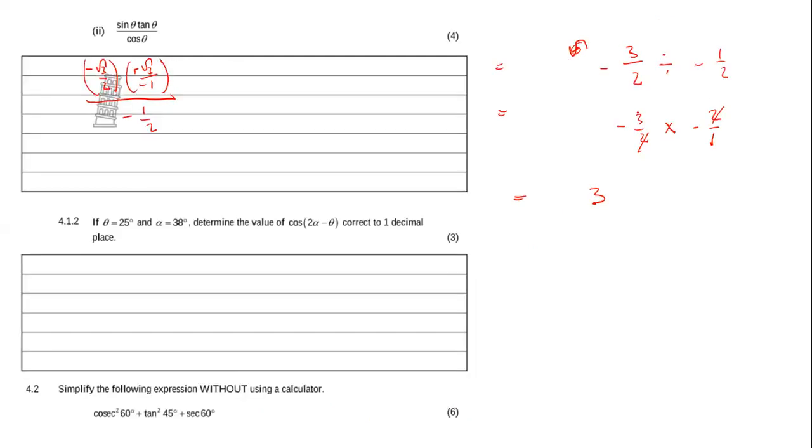So these steps emphasize that we didn't use calculator. Because if you substitute over here and go straight to your final answer, we would assume that you used your calculator. So just draw these steps to show that you didn't use your calculator. Okay, and therefore that will be question number 4.1.1.